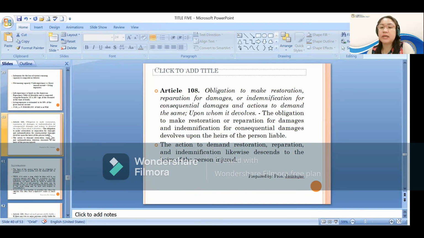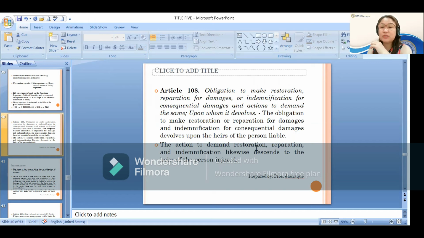Now, next question would be, who has the obligation to make restitution, reparation, or indemnification for consequential damages, and actions to demand the same? Now, it actually devolves to the heirs of the person liable, just in case the person liable, let's say, died, for example.